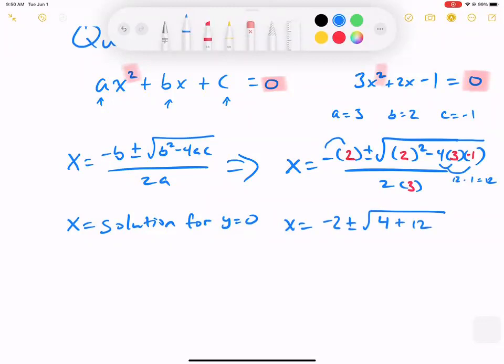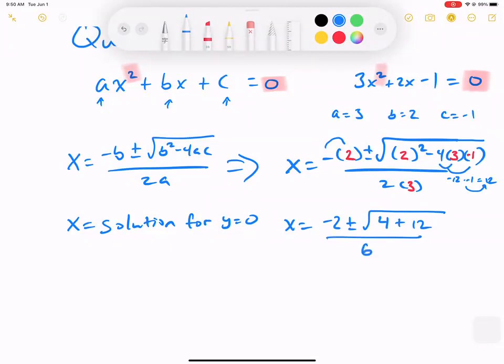Negative 4 times 3 is negative 12, and negative 12 times negative 1 is a positive 12. Oftentimes, I'll just do the numbers and look at the negative signs afterwards. 4 times 3 is 12. 12 times 1 is 12. And I have 2 negative signs, which makes it positive. All over 2a. 2a is 6, because 2 times 3 is 6.